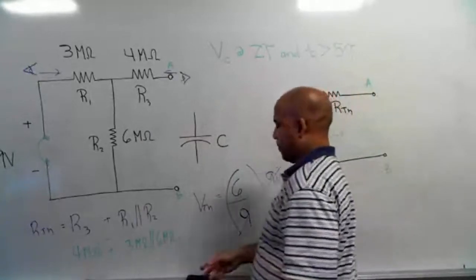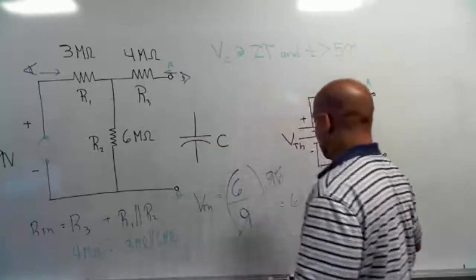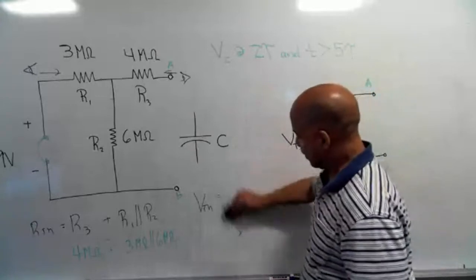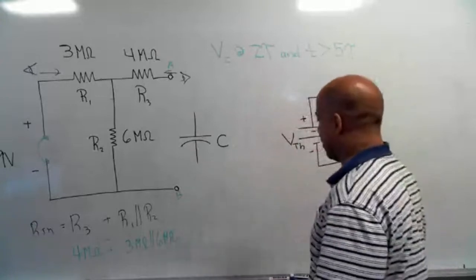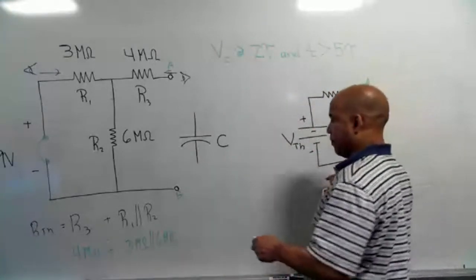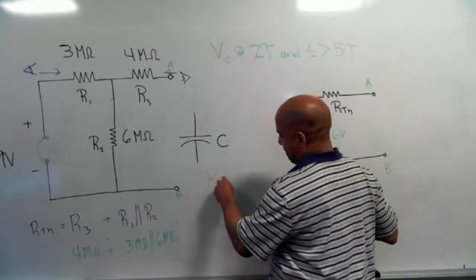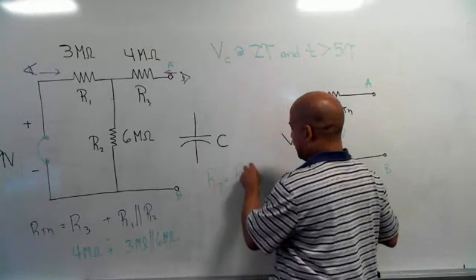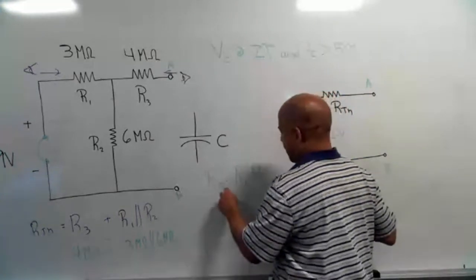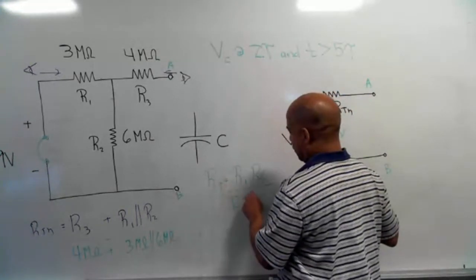So you gotta give me the equivalent resistance for those two in parallel. You can use the product over the sum, or you can use the 1 over R rule, but since I got 2 easy resistors for the parallel circuit, I'm going to use the product over the sum.